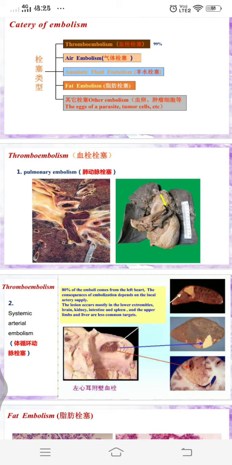So the thromboembolism taking place in the systemic circulation means it goes towards the left side of the arteries. This is mainly because of intracardiac mural thrombi, and two thirds are associated with left ventricular wall infarcts.